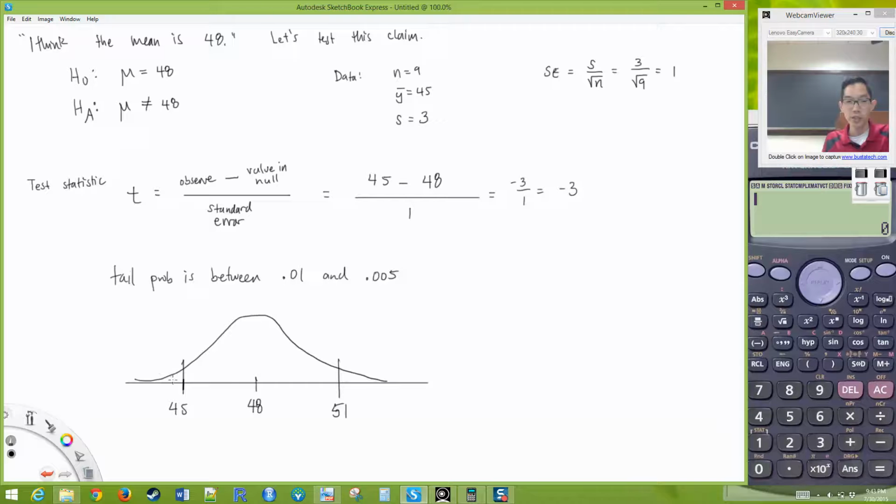And what the table says is that the area in this tail, the tail probability on one side, is between 0.01 and 0.005. And because it's symmetric, the same applies over here. This area is going to be between 0.005 and 0.01. I don't know why I changed the order there.